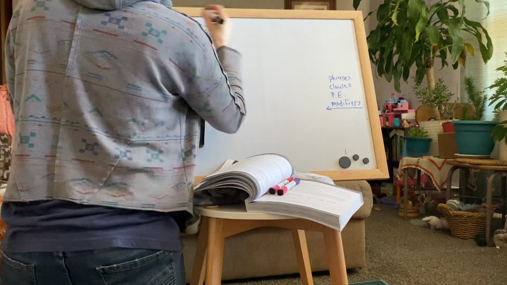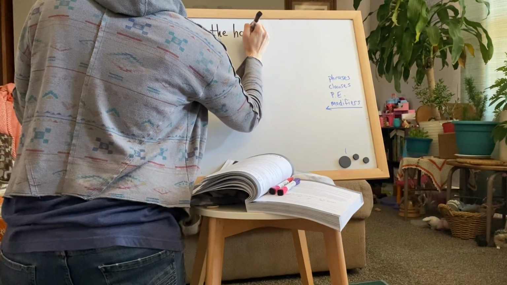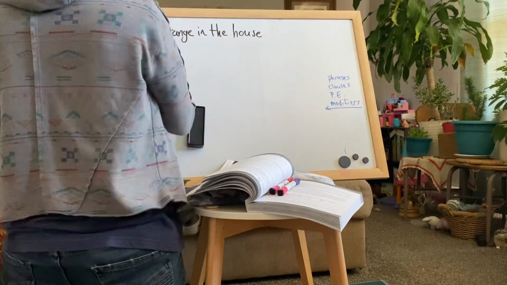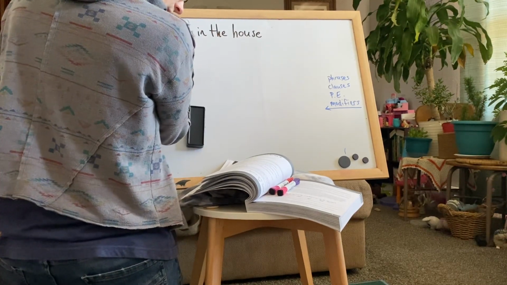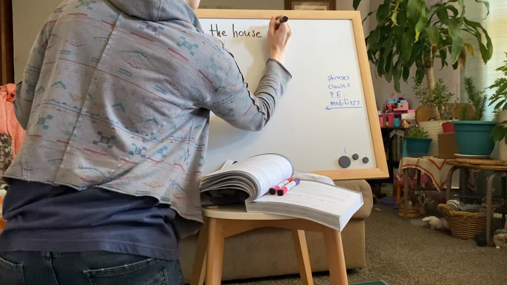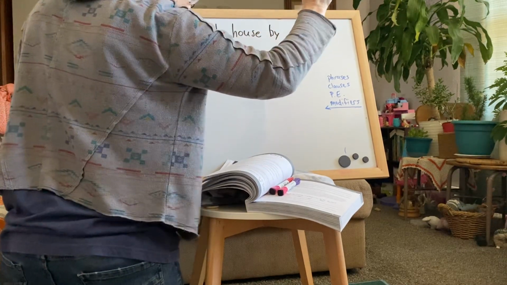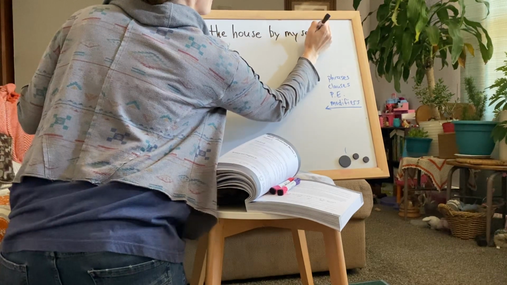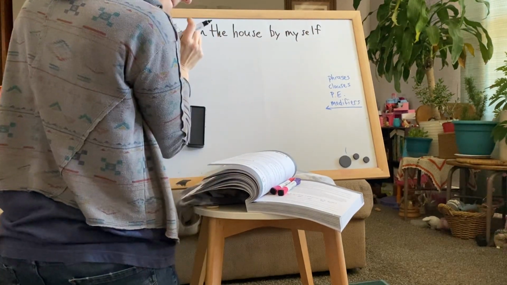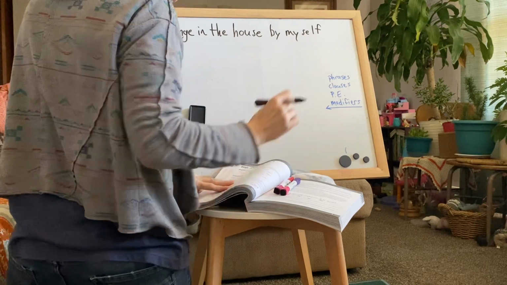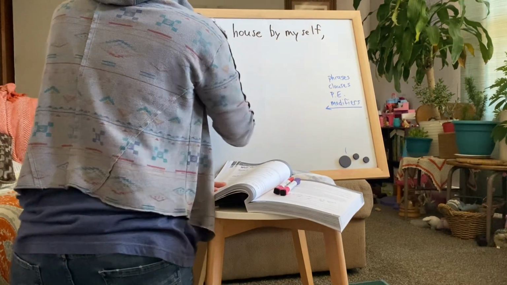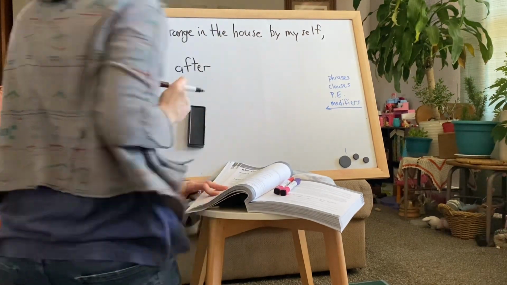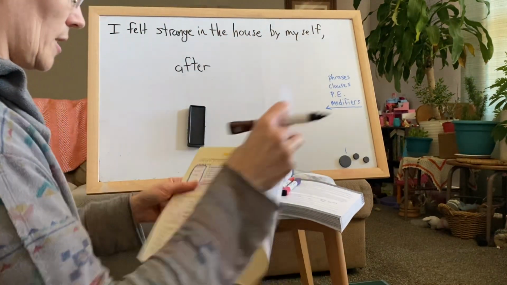Now, when you're writing this sentence down or reading it, you should have some alarms going off. I had this go ding, ding, ding, preposition. I felt strange in the house by, oh, another preposition, by myself. It's Kevin Hart. He's home alone. After, ding, ding, ding: that one is a subordinating conjunction.